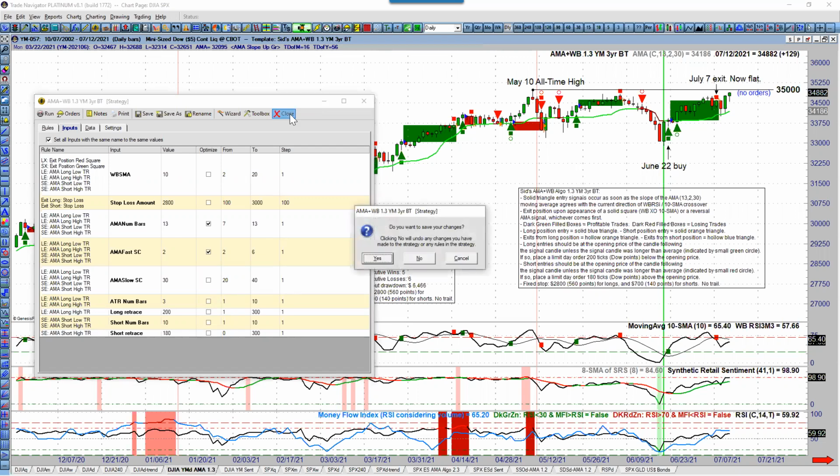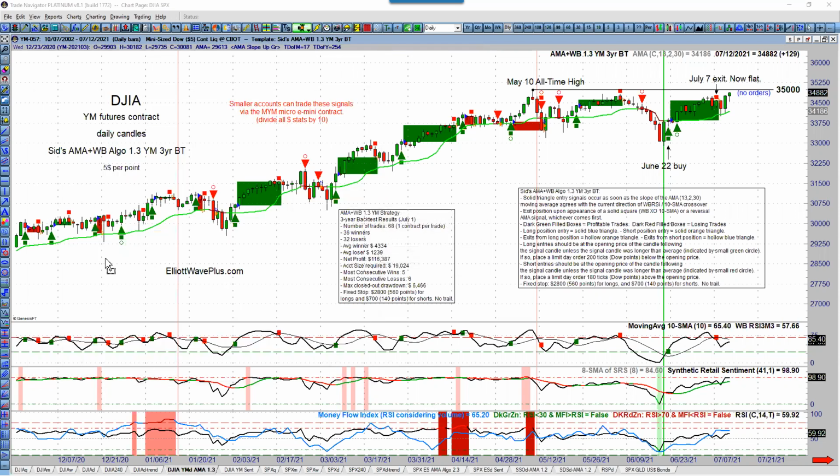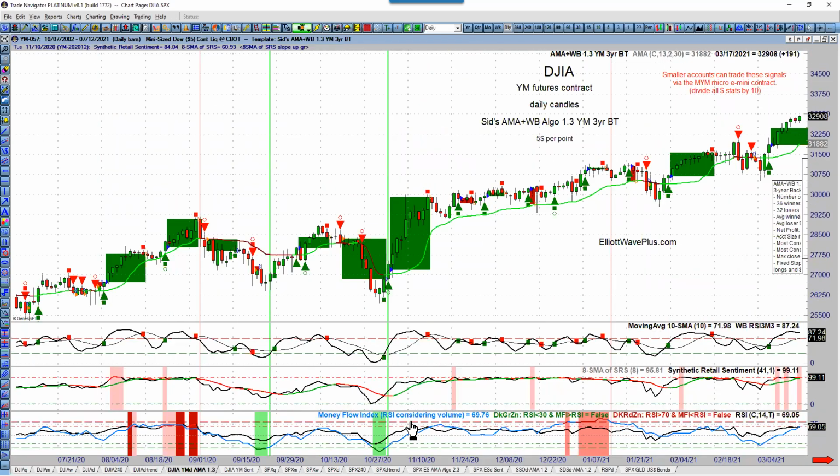But I was going to show you, so I don't want to save that yet. I'm going to move that aside. The beauty of using the Walter Bressert to signal when you have a loss of momentum is that when you get a buy signal, like for instance, this buy signal came in right here on November 3rd of last year.